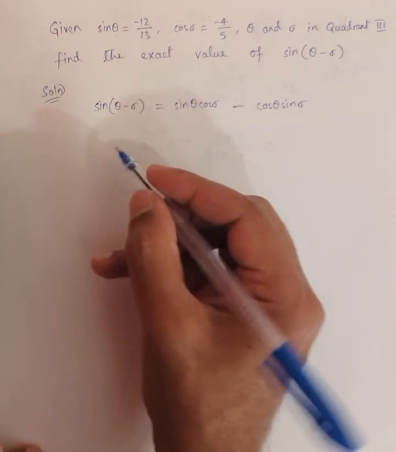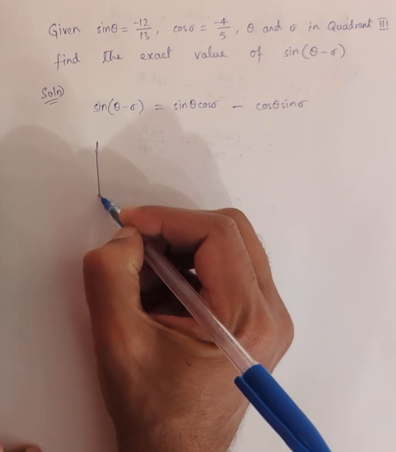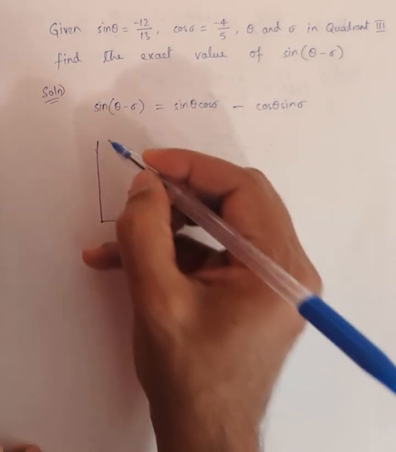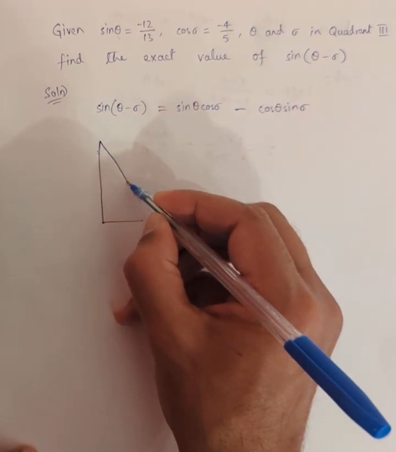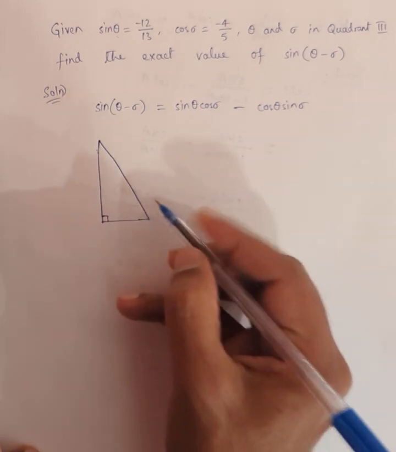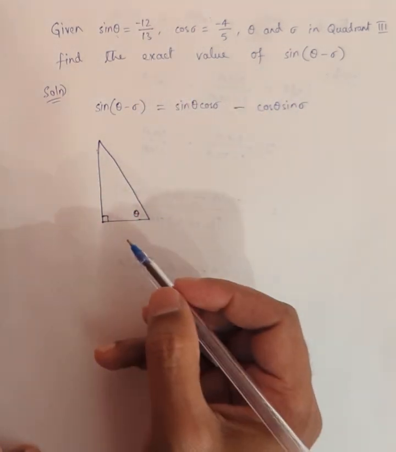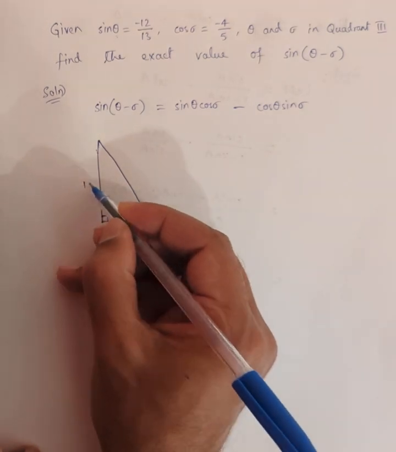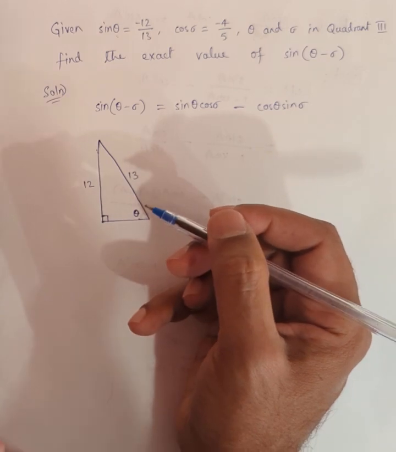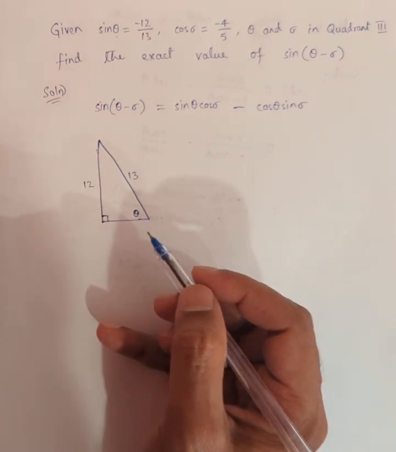So if sine theta is 12 over 13, that means you're going to draw a right triangle that will convey that information. Draw a right triangle and call one of the acute angles theta, and sine is opposite over hypotenuse, which means opposite is 12, hypotenuse is 13, and in order to get the other side we have to use the Pythagorean theorem.